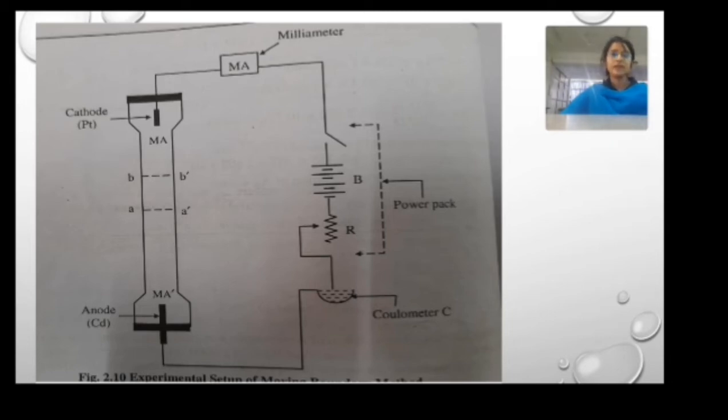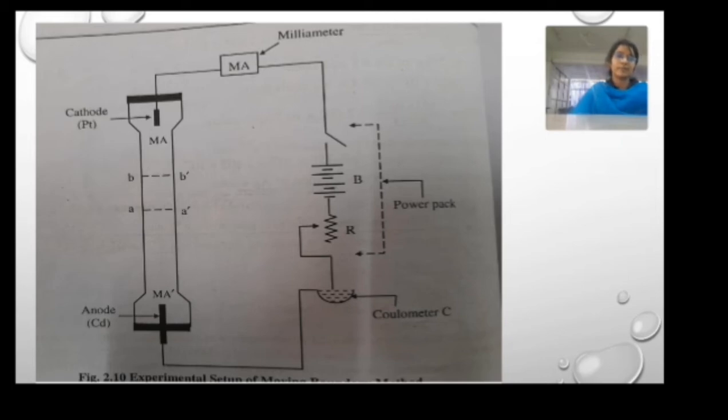Here, at the bottom there is a cadmium anode, and at the upper portion there is a platinum cathode. This portion is filled with hydrochloric acid and cadmium chloride, CdCl2. The anode is joined to a milliammeter, the milliammeter is joined to a battery, the battery is joined to the resistance, and this connection goes to the coulometer.